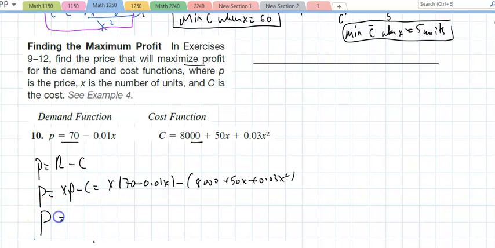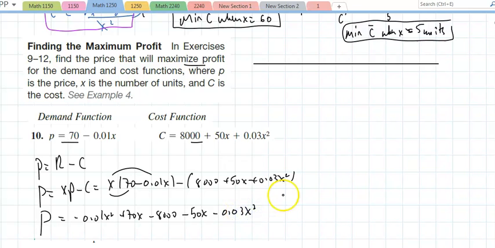So the profit is really negative 0.01x squared plus 70x minus 8,000 minus 50x minus 0.03x squared.